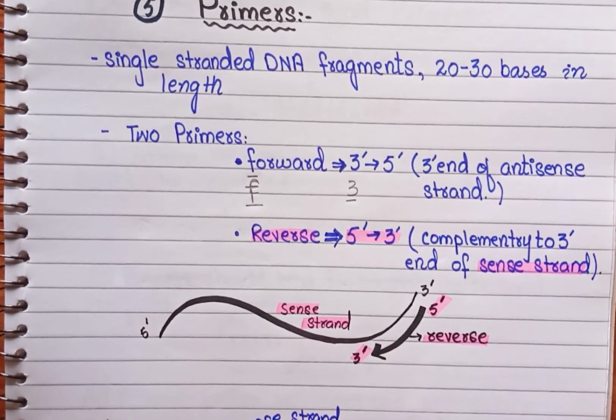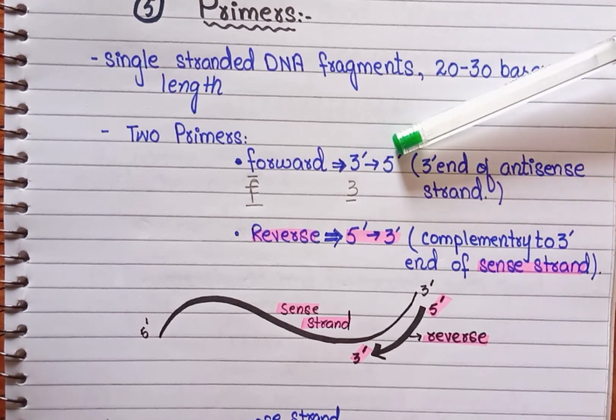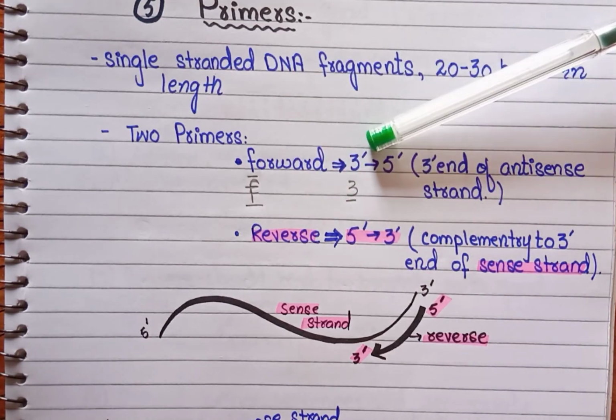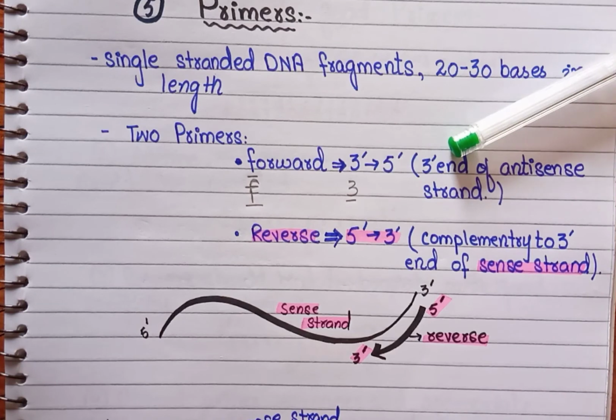So next we have primers. What are primers? These are basically single stranded DNA fragments almost 20 to 30 bases in length. In the laboratory we use two types of primers, either the forward primer or the reverse primer. The forward primer is basically at the 3' end of the antisense strand, in the 3' to 5' direction. F and 3: from this you can easily remember 3' to 5' on the antisense strand.